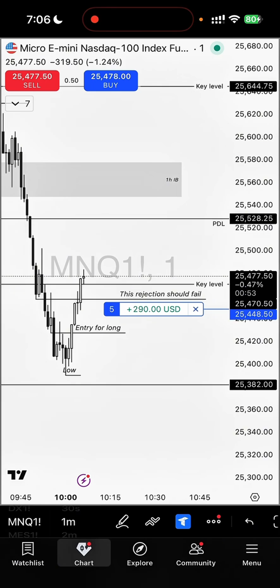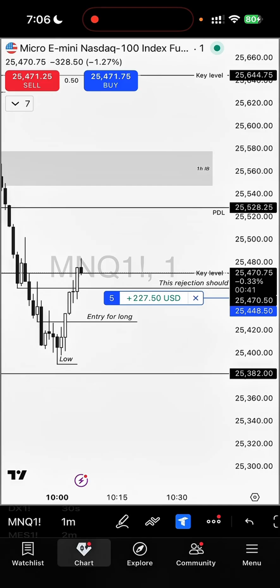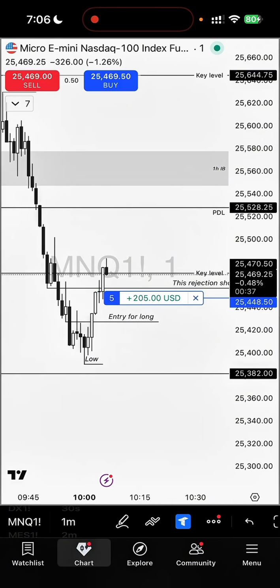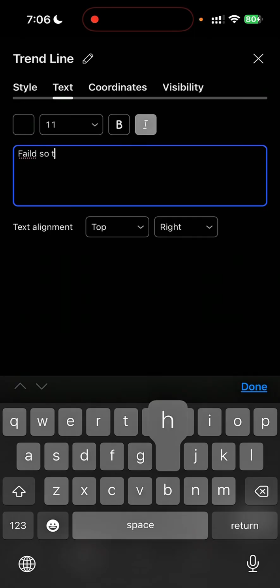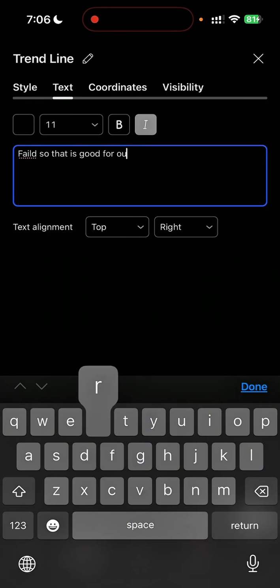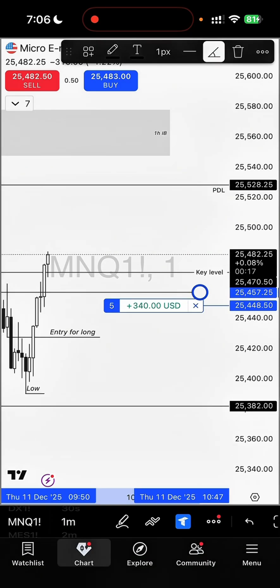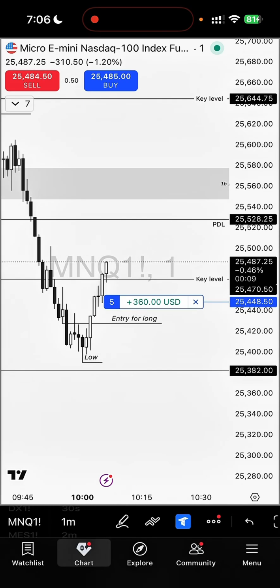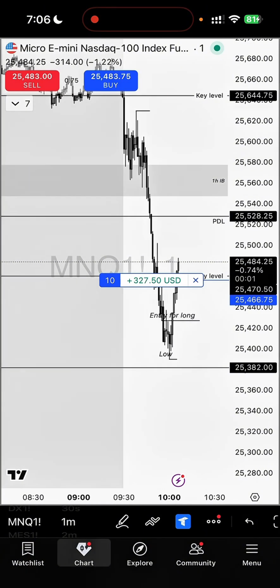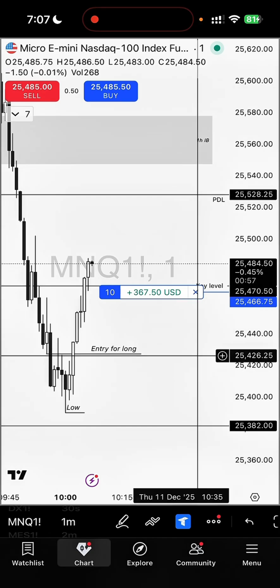Let's see what we do now. I added just because there was no retracement, and this key level should hold us.